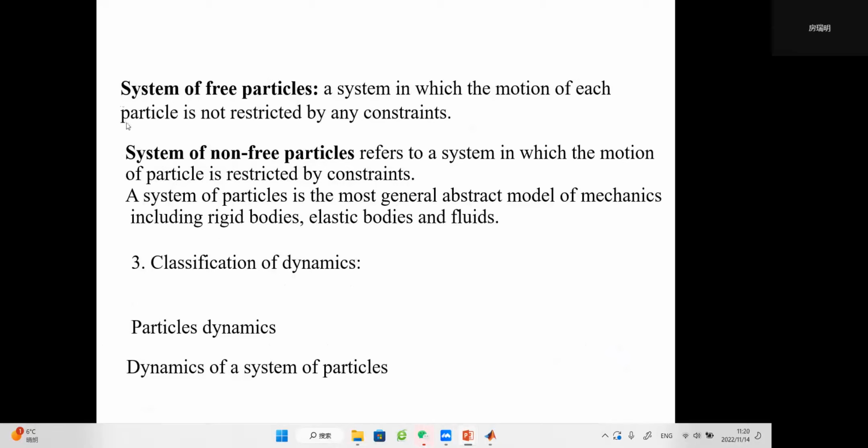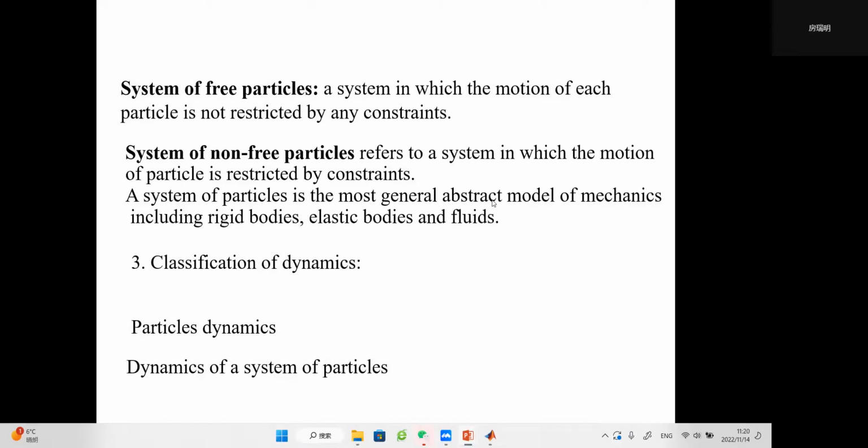Actually we don't really have a system of free particles, I think. Maybe some systems can be treated as systems of free particles in some situations. A system of non-free particles refers to a system in which the motion of particles is restricted by constraints. And a system of particles is the most general abstract model.